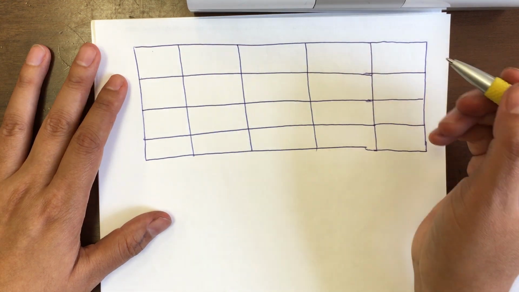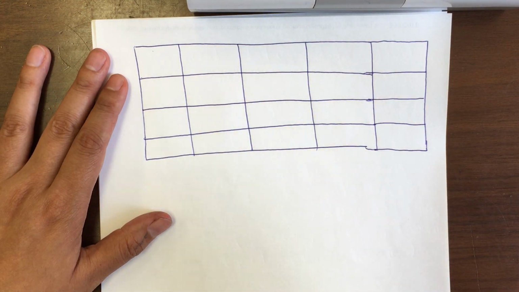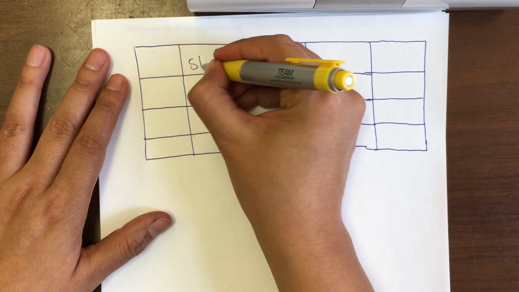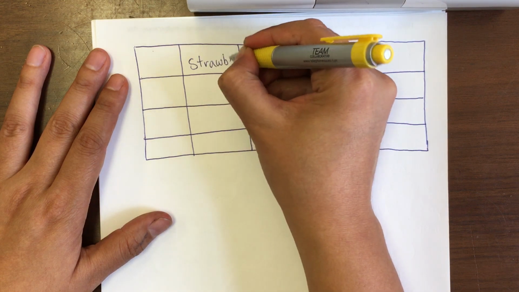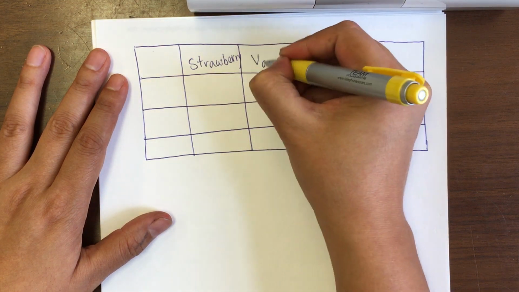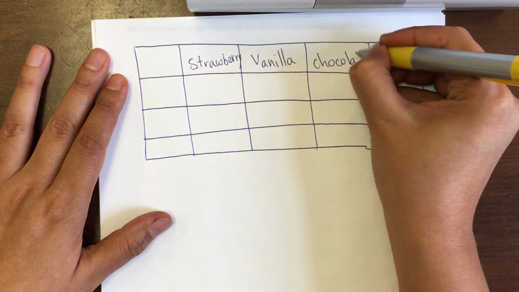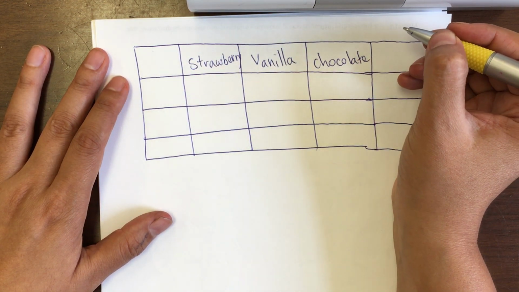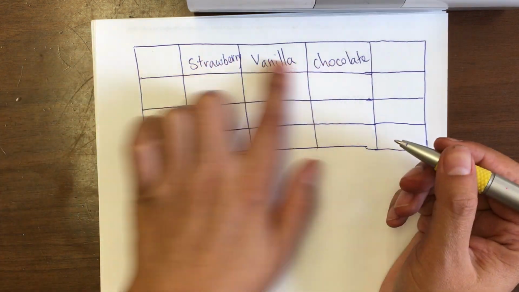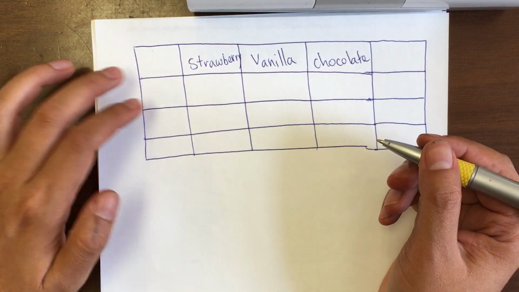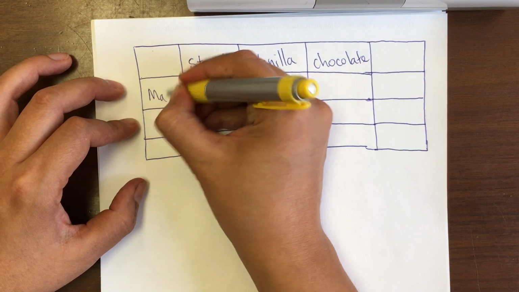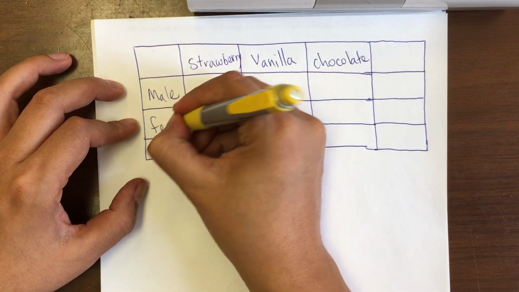Okay, and so the question that I asked was if they would prefer strawberry, vanilla, or chocolate. And out of those, I separated them among males and females.